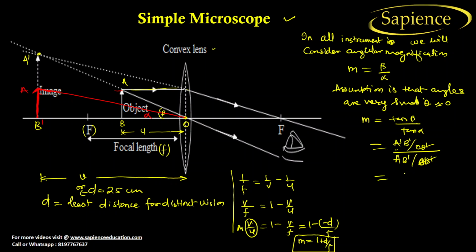So from here what are we getting? We are getting A'B' by AB.